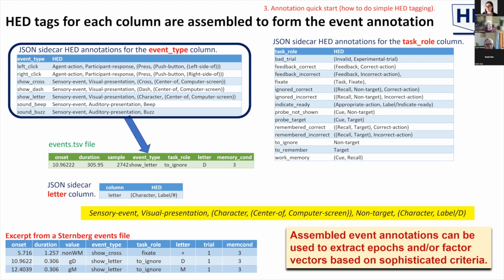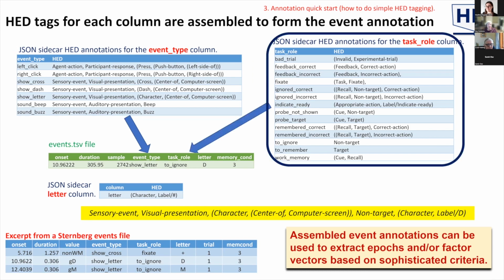So in the JSON file, under the event type key, there are the annotations for the things that can appear in the event type column, and show letters is looked up. It's a sensory event, visual presentation, character, and it's in the center of the screen. And then the task role is also looked up. It's another key in that JSON file, and there are a lot more task roles in there.